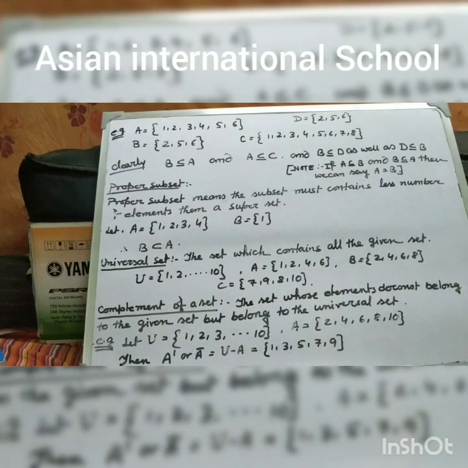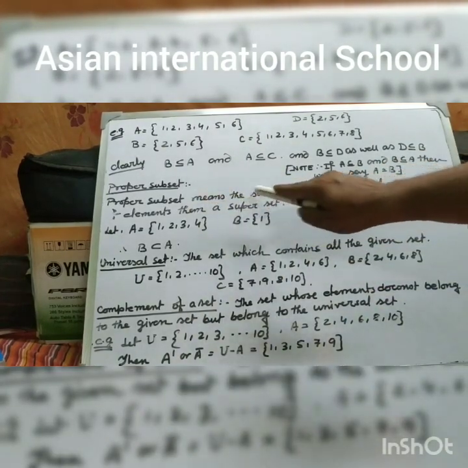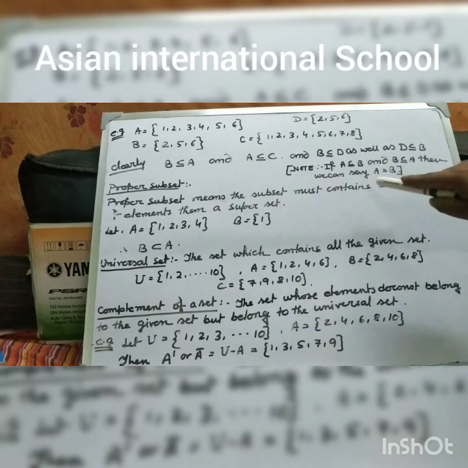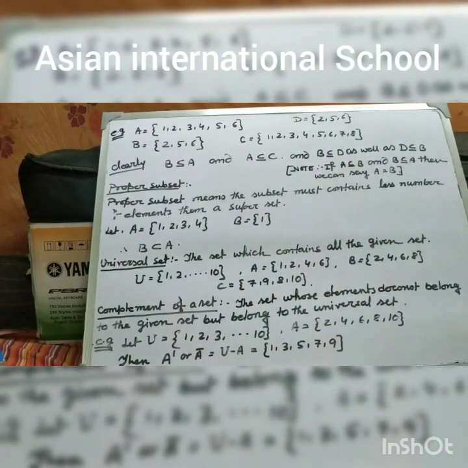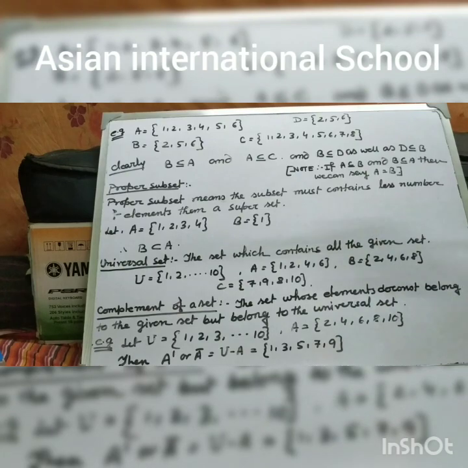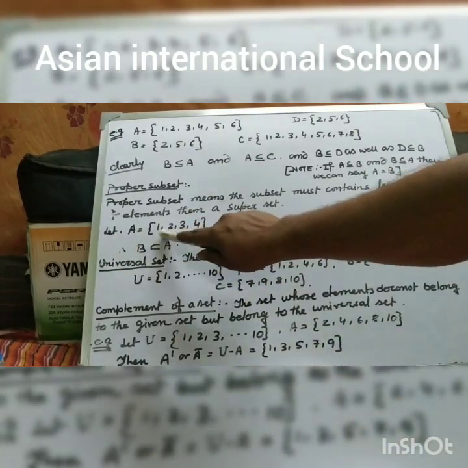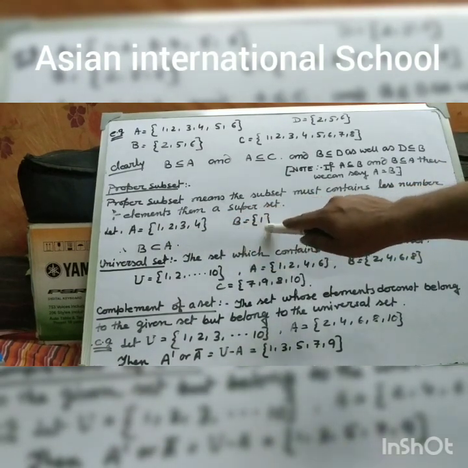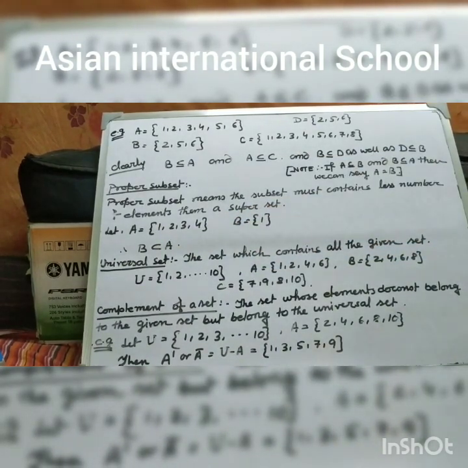Now come to the point, the proper subset. What is a proper subset? The proper subset means the subset must contain fewer elements than the superset. Means the container set must contain more elements than the content set. Let A equals 1, 2, 3, 4 and B is a set which contains only one element.